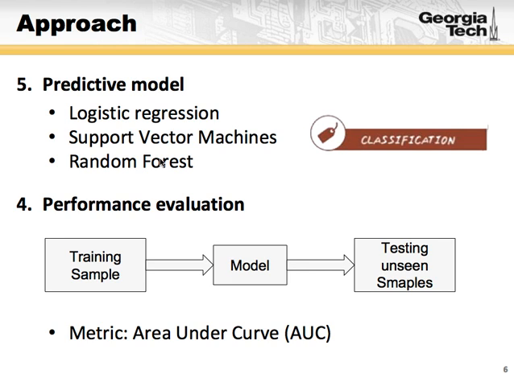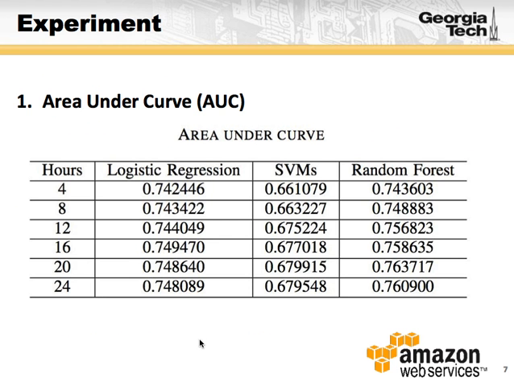To evaluate our model, we will split our data randomly into training samples and testing unseen samples. We will use the training sample to develop a model and test the trained model on the unseen samples. The metric we focus on here is the area under the curve.